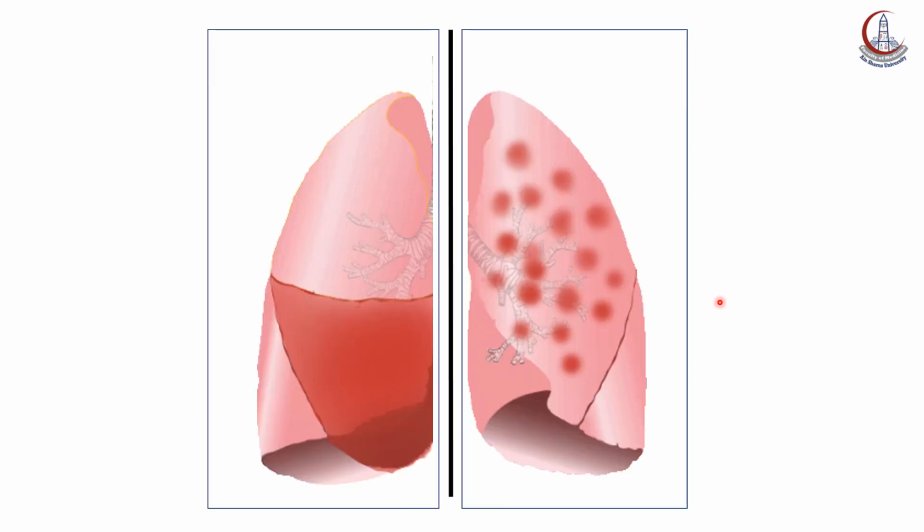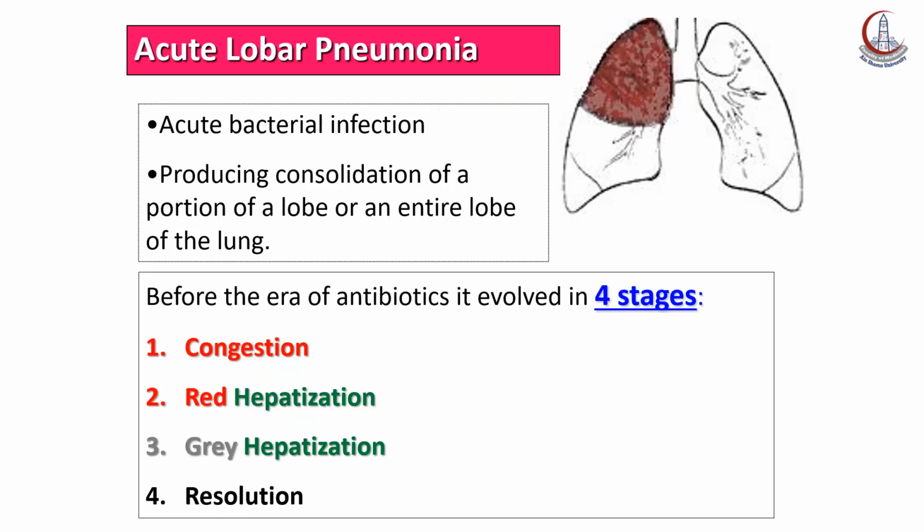The difference between the two cases: the whole lobe is affected, showing consolidation or solidified lung tissue, while the other case shows multiple patches of consolidation all over the lung and more basally. Our first case was acute lobar pneumonia. It's an acute bacterial infection producing consolidation of a large portion of a lobe, or the entire lobe of the lung.